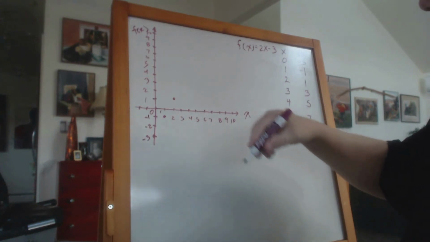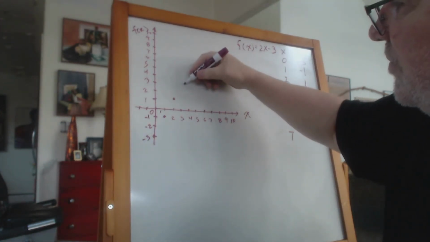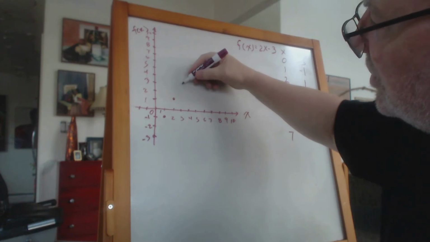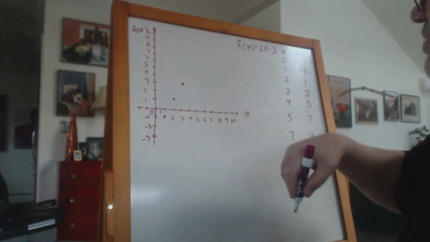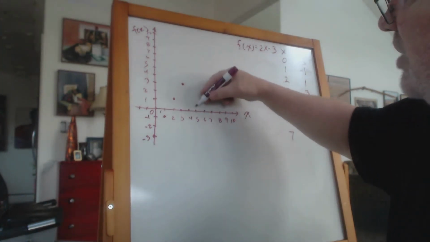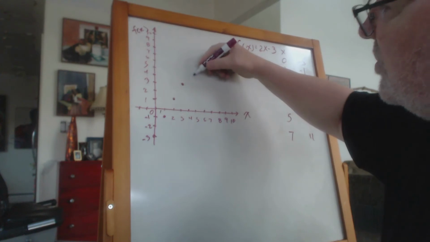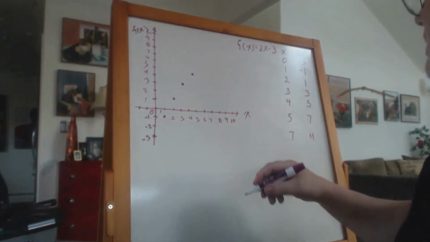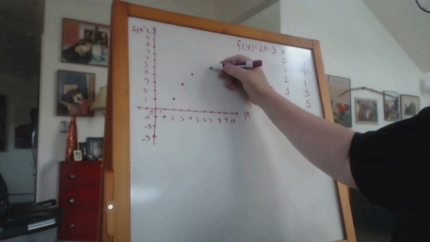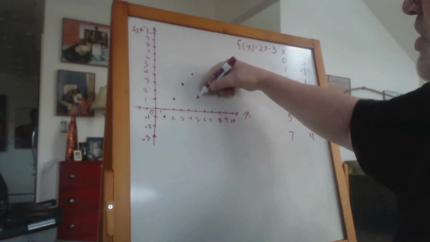When x is 3, we have 3. I'm just doing this by eyeball. When x is 4, we have 5. And when x is 5, we have 7.